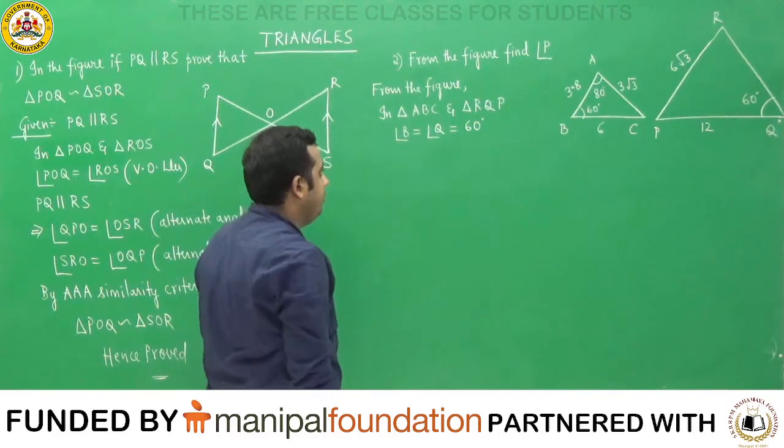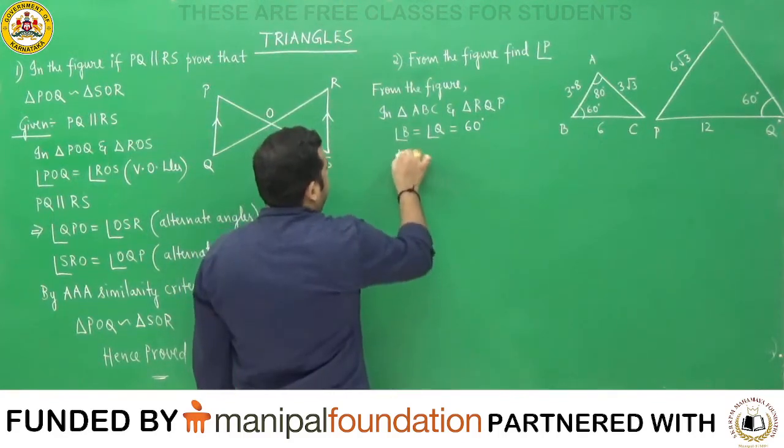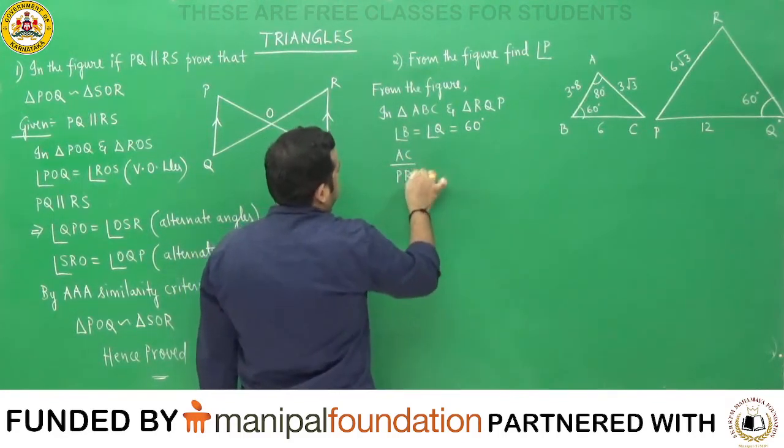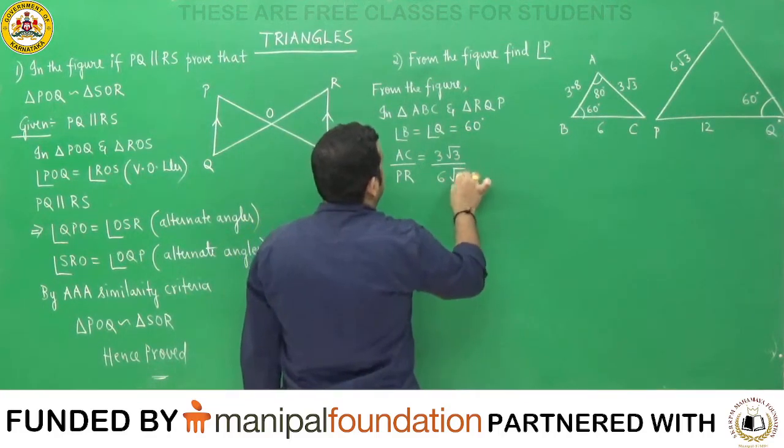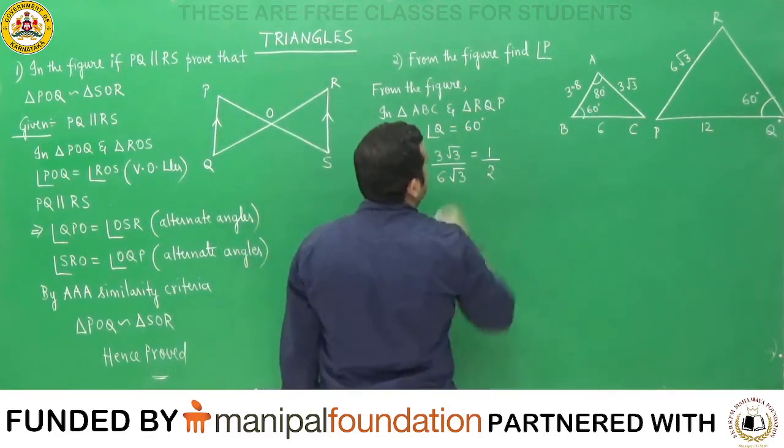Correct or not? AC divided by PR is equal to 3 root 3 divided by 6 root 3. That is equal to how much? 1 divided by 2.